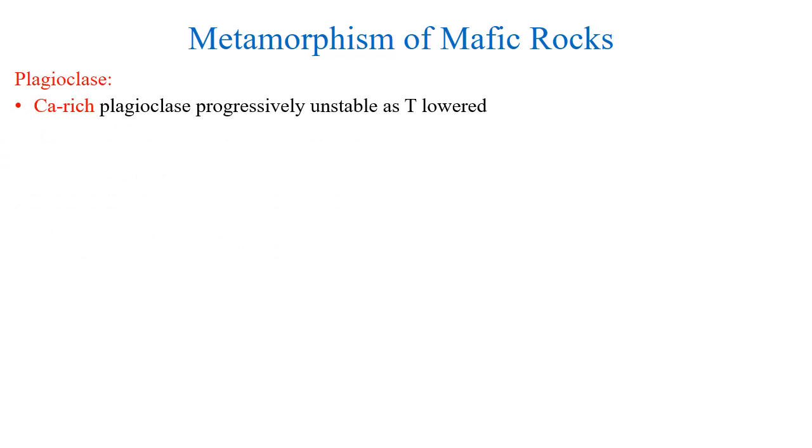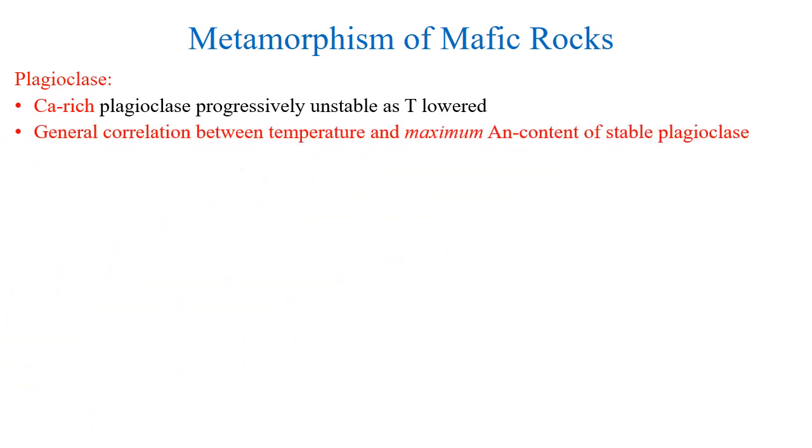Calcium-rich plagioclase progressively becomes unstable at lower temperatures. There is a general correlation between temperature and maximum anorthite content of stable plagioclase. Lower temperature metamorphic grades tend to favor albite, with anorthite contents of 0 to 3.